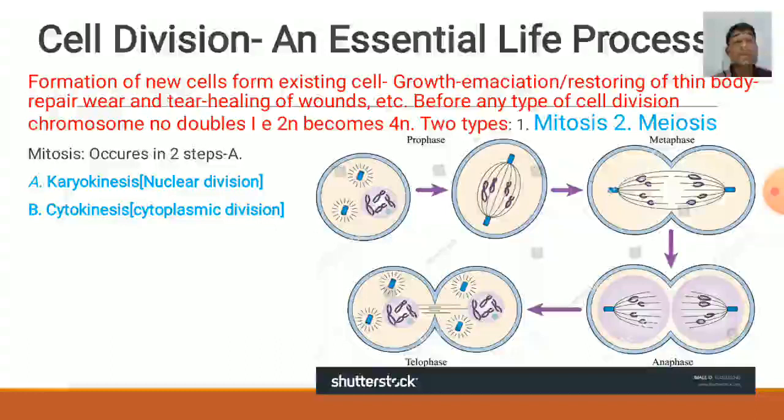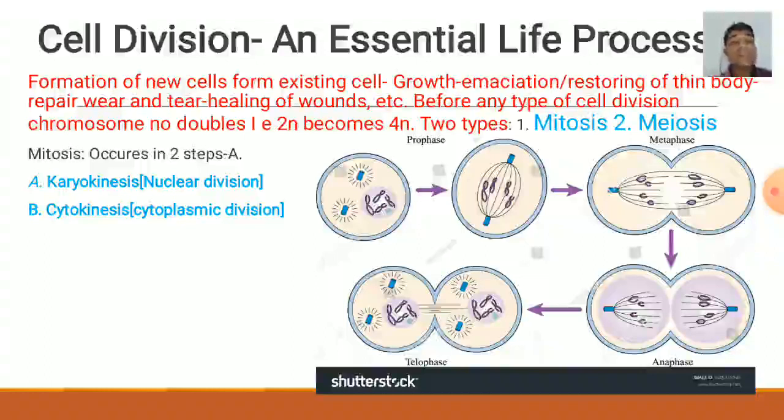Nuclear membrane is formed around each set of chromosomes at the poles. The two daughter nuclei are formed in a cell. Nucleolus appears in each daughter nucleus. Spindle fibers completely disappear.